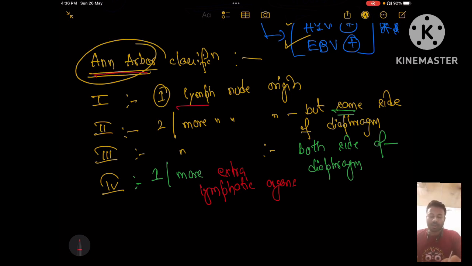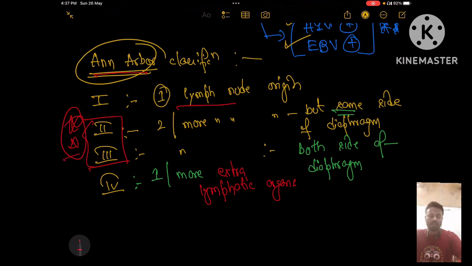Stage one is single lymph node origin. It is not important. We get MCQs from the middle two. Always remember in NEET PG, when they ask questions from a classification, they try to ask from the mid portion of the classification, not from the first or the very last. So these two are important.